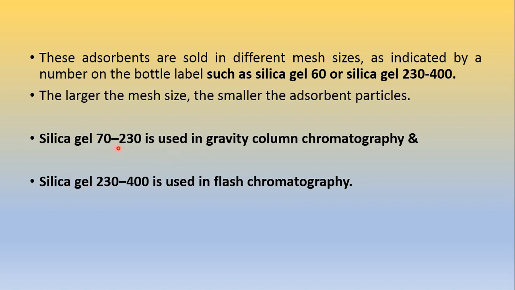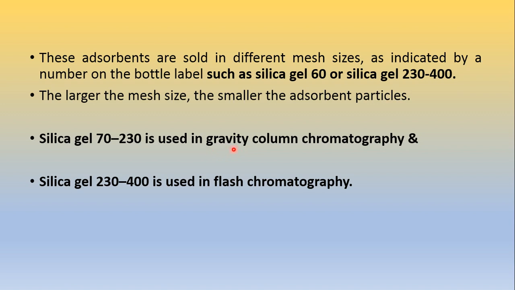So here the spaces available in between these particles will be higher, so the movement of the mobile phase will be easy if we use only gravitational force for the movement of that mobile phase.